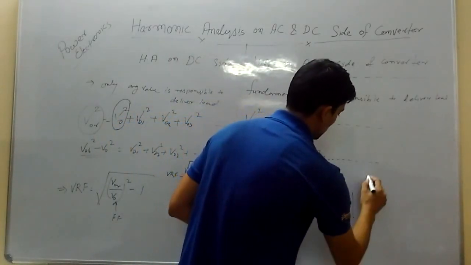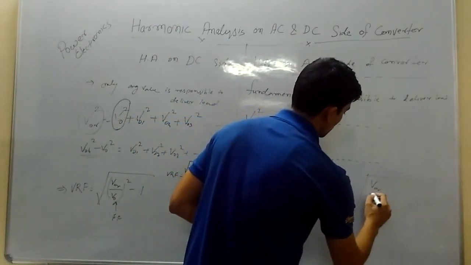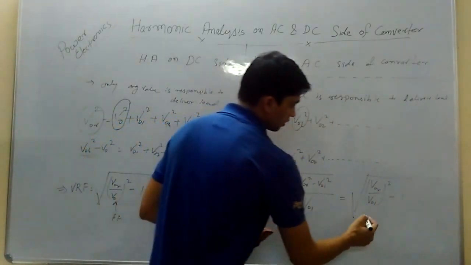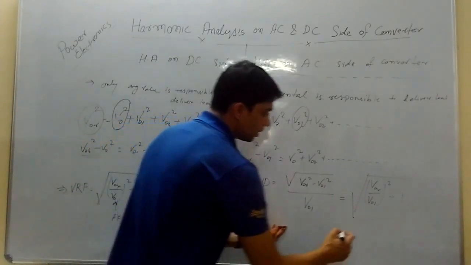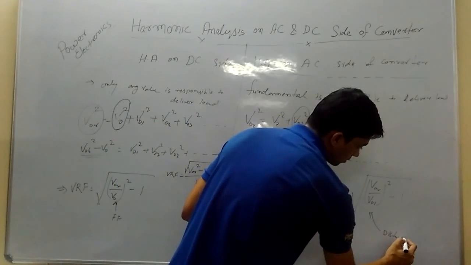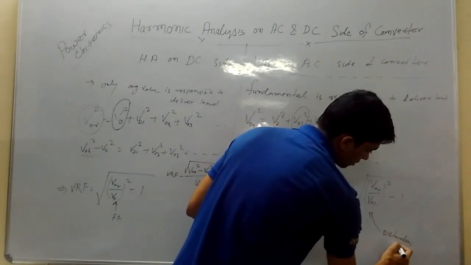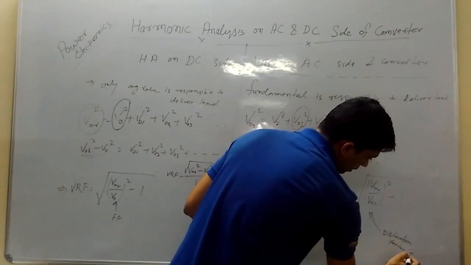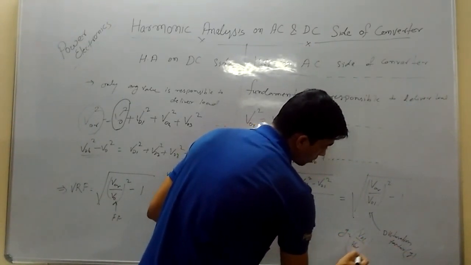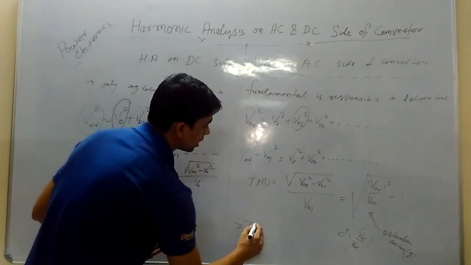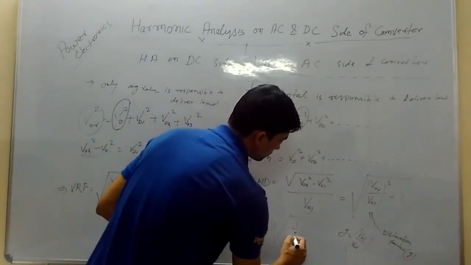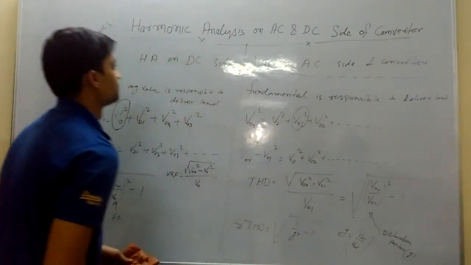This can be further written in terms of the distortion factor, which is G, and this implies your total harmonic distortion becomes equal to the square root of 1 upon G square minus 1.